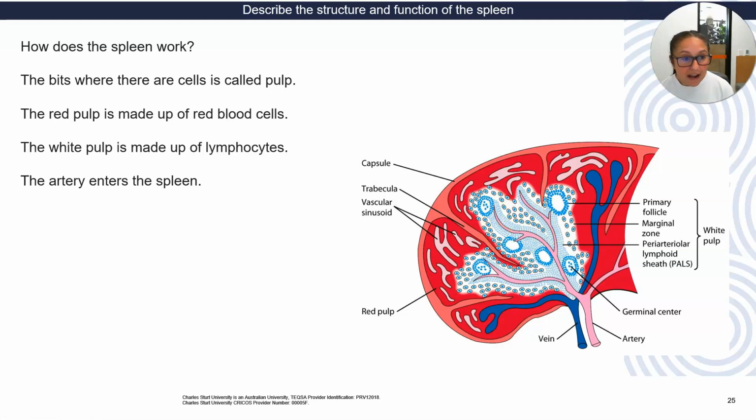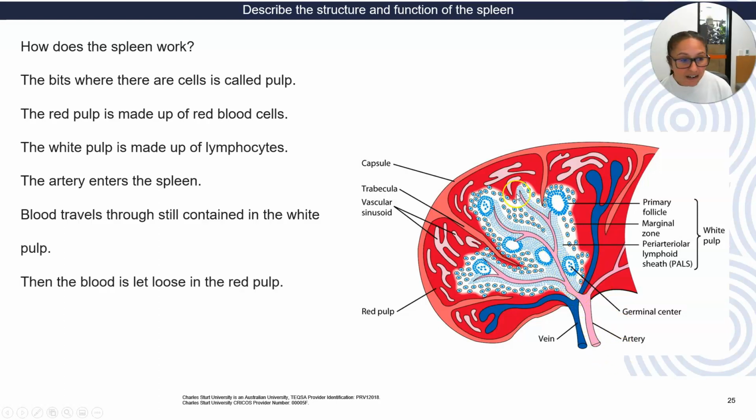So what happens is that you've got blood coming in, okay, and then the blood is let loose in the spleen. Yeah? So the blood comes in through the artery and it's let loose.